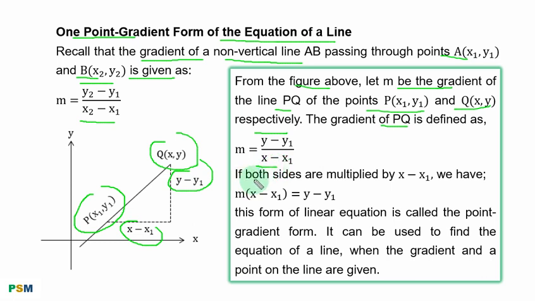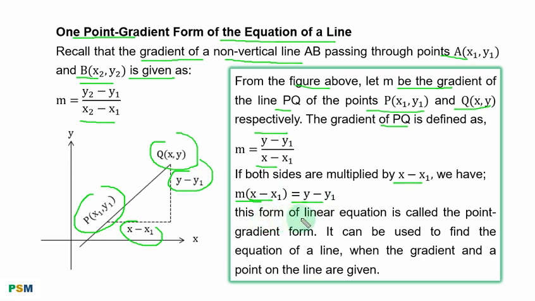If both sides are multiplied by x minus x1 in order to clear the fraction, we have the gradient m times the increase in x equal to the increase in y.